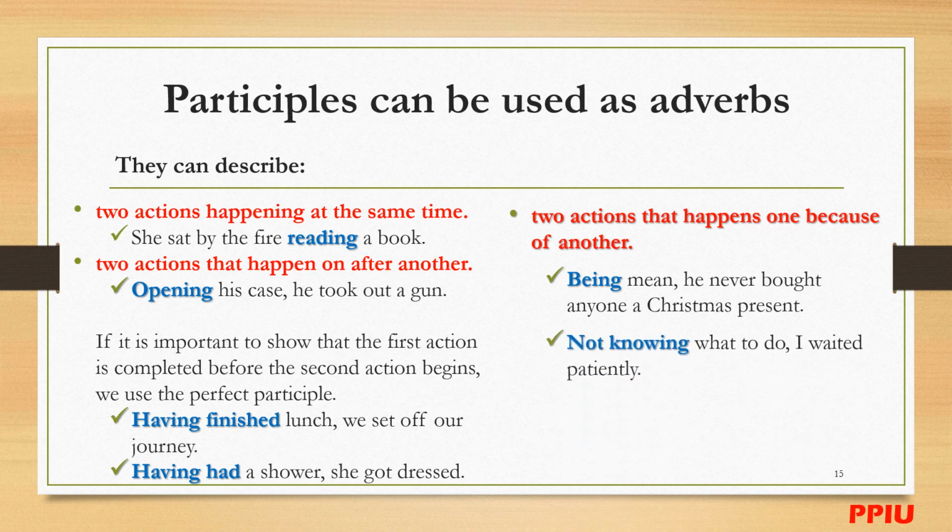Okay, so the participle can be used for three different kinds of actions in here. We can use it to talk about two actions happening at the same time, two actions that happen one after another, or two actions where one happens because of the other.